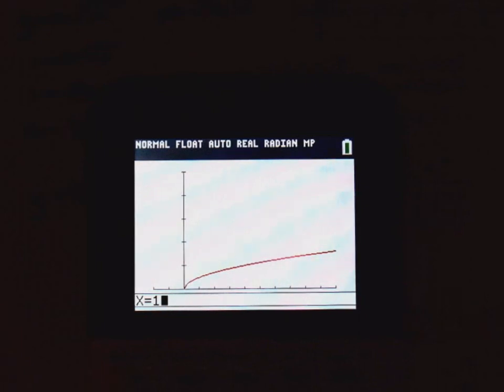Guys, you just need to look at that graph. Hopefully it's 0.5. Everybody see that? The y value is 0.5 when x is 1, and when I put in an x value of 1, the graph is 0.5.